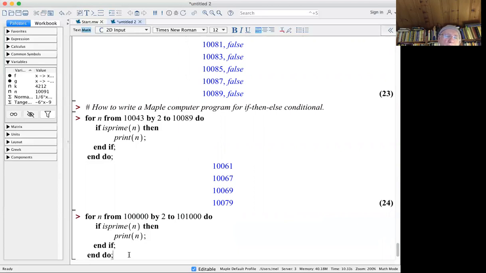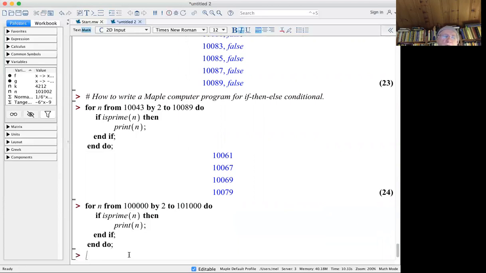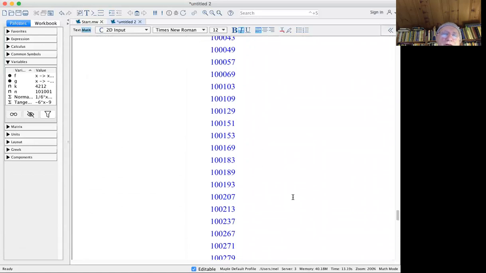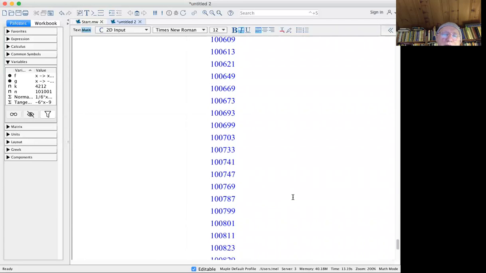I want to find all the primes. Oops. I went by 2, so that's not good. That means I'm only looking at even numbers. Make this 1,001. There are a lot of them. In that interval of length 1,000, there are this many.